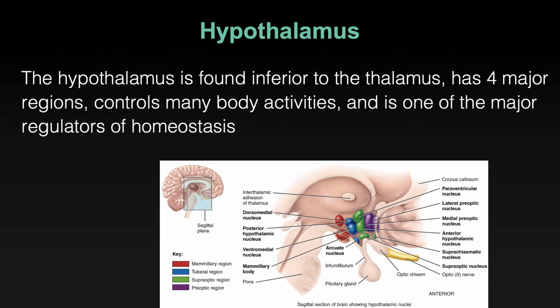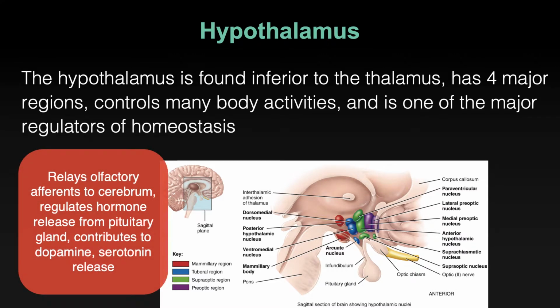All of these 4 major regions and 12 different nuclei. I'm not going to ask you the names of each one or even the divisions of the 4 major regions. What I want you to know is the hypothalamus is critical in hormonal regulation of homeostasis.